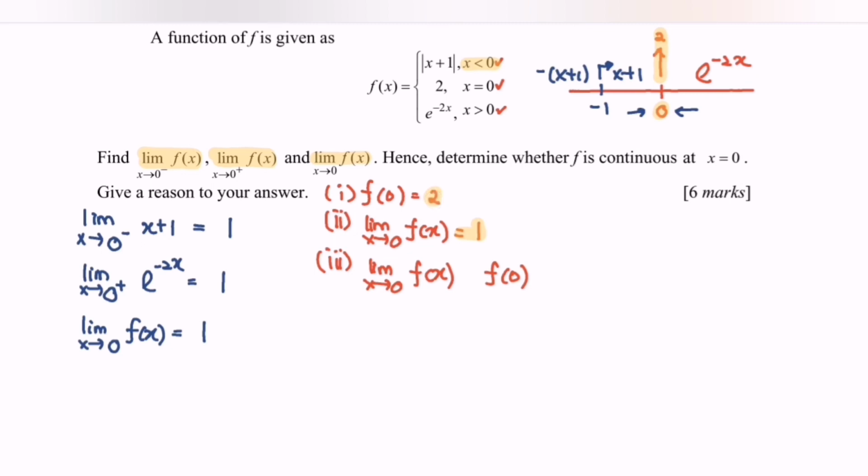So the limit as x approaches 0 of f(x) does not equal f(0). Number 4, as a conclusion, f(x) is discontinuous at x equals 0. So here we are, and thanks for watching.